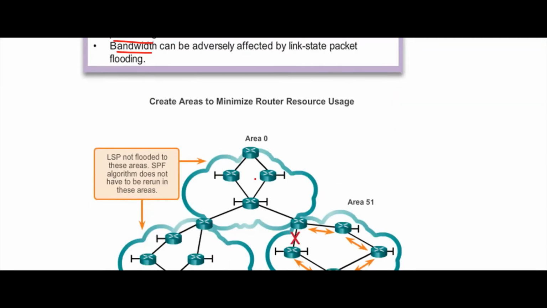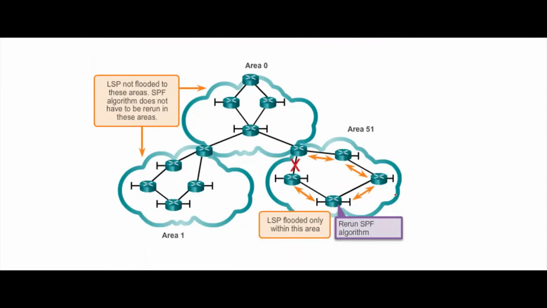Now, you can see here we talk about the areas: this is area 0, this is area 1, and this is area 15. The LSPs, the link state packets, will go only within that particular area.